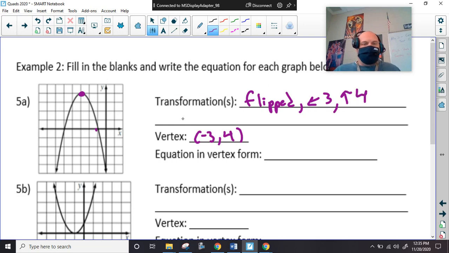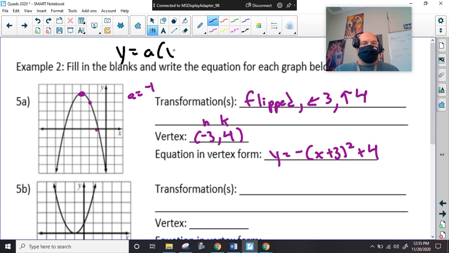And this is our H, this is our K. Our A, I was here and I went down, so my A is -1. So this is my equation. And remember, this is my original, I like calling it my skeleton equation, because there's no bones about it, but because that's what it is before we start plugging stuff in. Okay, it doesn't have any guts to it yet.